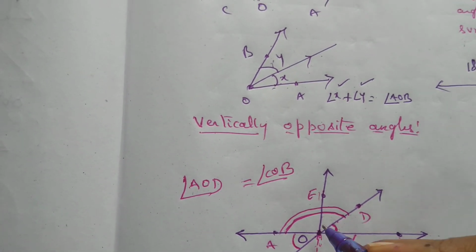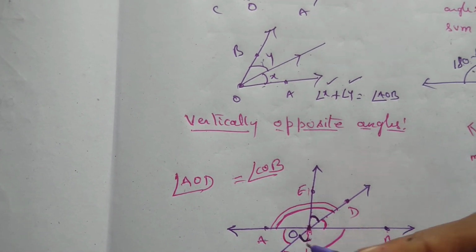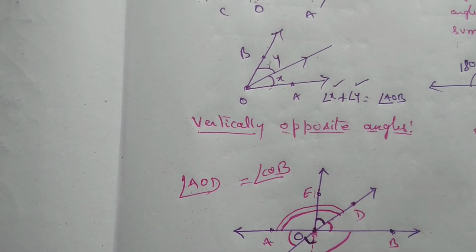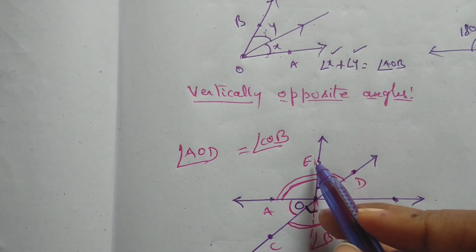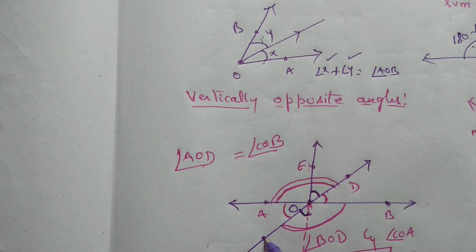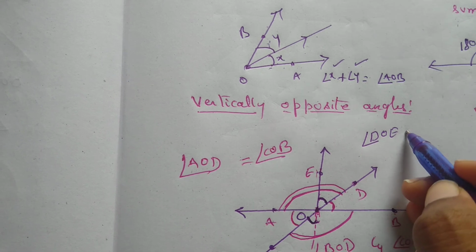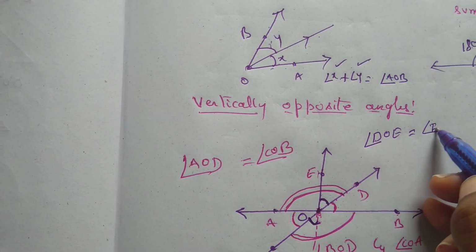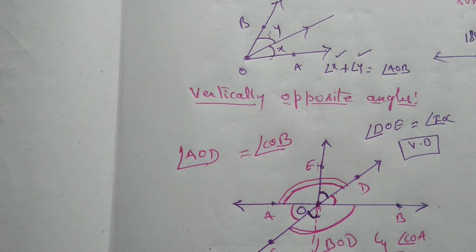Let me name this as F. So which is vertically opposite to DOE? It is FOC. So angle DOE is equal to angle FOC. They are vertically opposite angles.